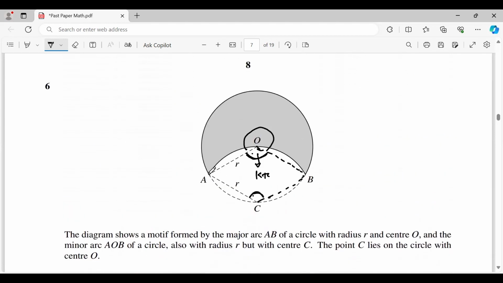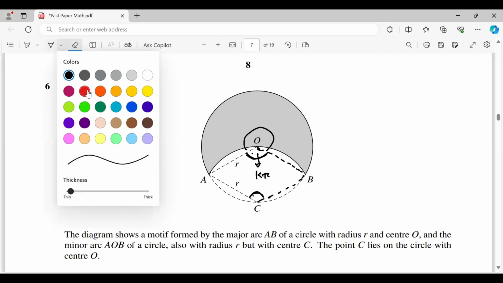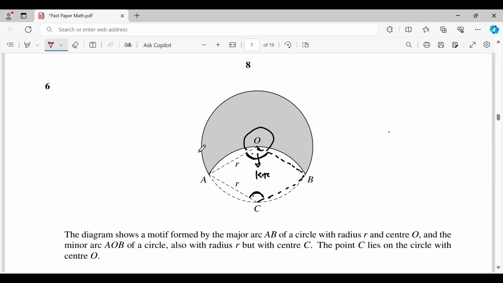We have to find how long this is, and after that, calculate how long this is. I'm going to use another color to explain for your clearer understanding that we are going to calculate this perimeter, the perimeter of the shaded area.